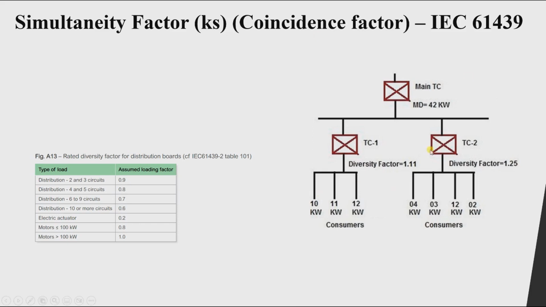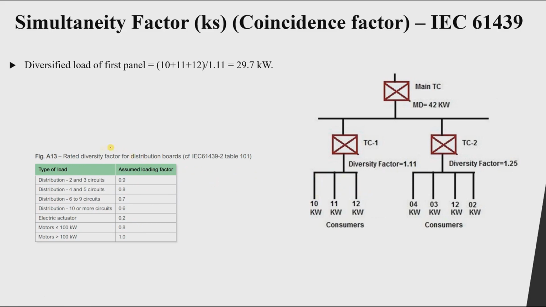Let's say for this example, first we have 3 consumers. Between them there will be diversity. So the diversified load of the first panel will be total load 10, 11, 12 divided by 1.11, which is the diversity factor. So we divide by a number greater than 1, or multiply by a number less than 1. So we have how many panels? 1, 2, 3.